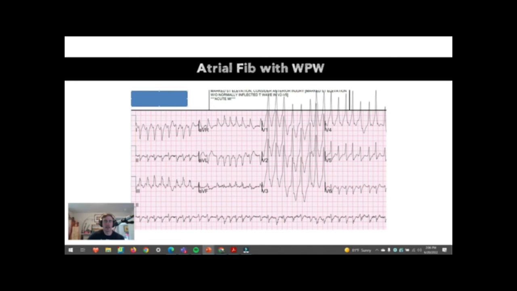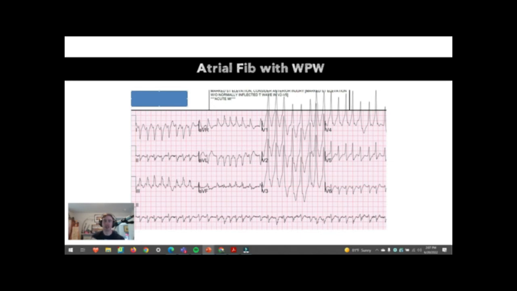Usually the AV node will not permit complexes to pass through it that fast, because the AV node slows things down so that the ventricles can fill. So if I see a rate approaching 300 that is irregular, and you see how bizarre this is, I'm not calling this torsades. Doesn't look like torsades or polymorphic VTAC. It's wide, fast, irregular, and bizarre. I'm calling this AFib with WPW.